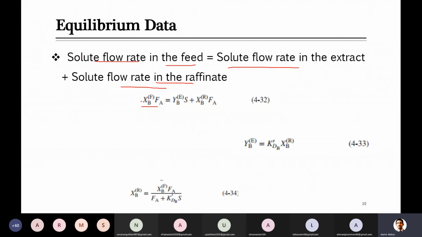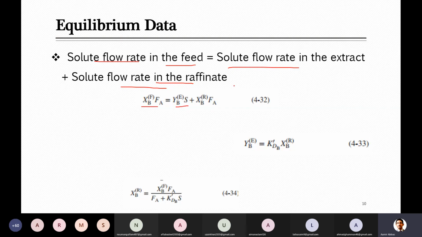You studied that XB was the ratio between the mass of solute in the feed, F indicates feed, to the mass of the carrier component, component A here, so the mass flow rate of carrier in the feed, multiplied by the mass flow rate of component A. That will cancel and you will actually get only the solute flow rate, but we will represent it in the form of mass ratios.